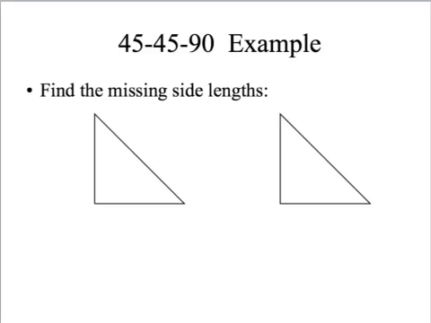So, let's find some missing side lengths. These are all 45-45-90s. Say we've got 3 and 3 here. Well, then our hypotenuse would just be 3 square root of 2. Say we've got 7 here.